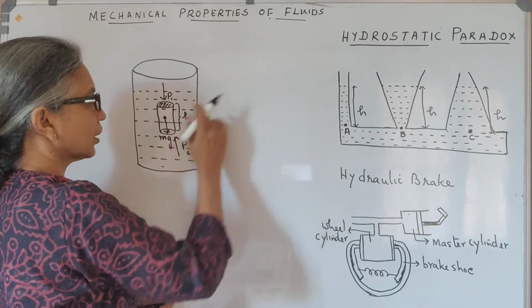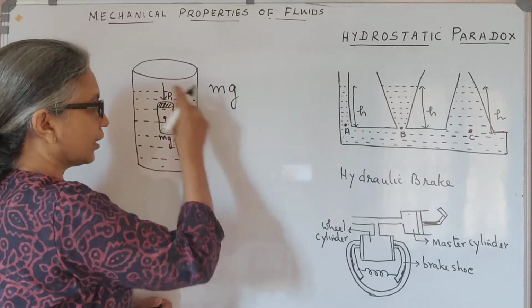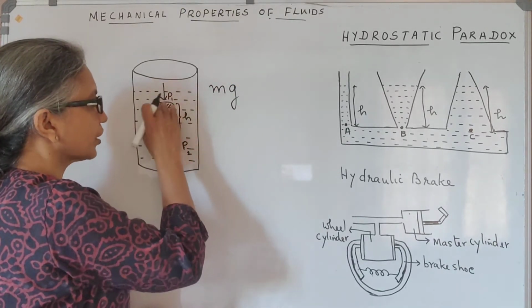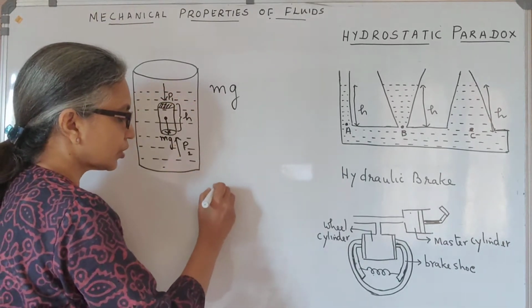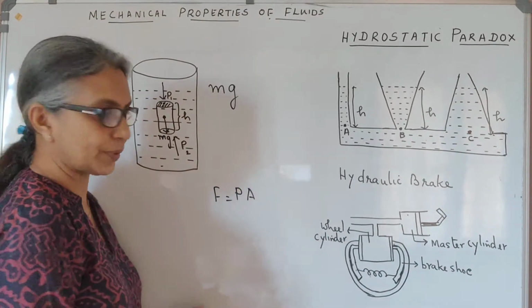So I'm going to equate the forces. Acting in the downward direction is, one, the weight of that element, plus the force due to the pressure exerted by the fluid on top. As you know, force is equal to pressure into area, because pressure is force by area.